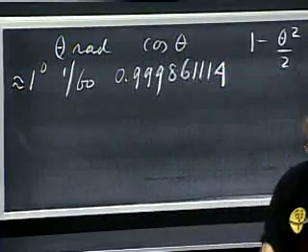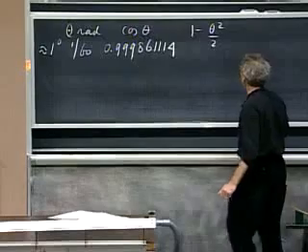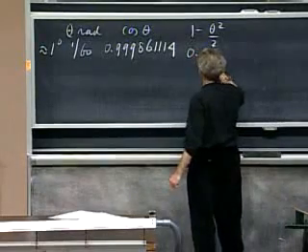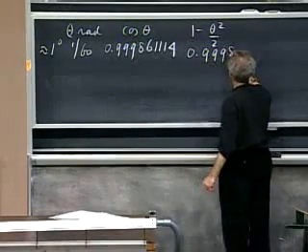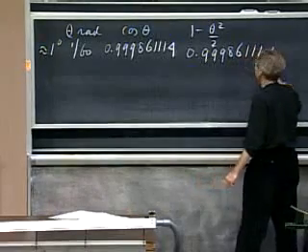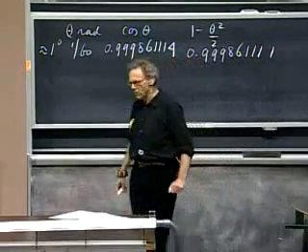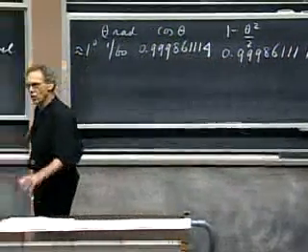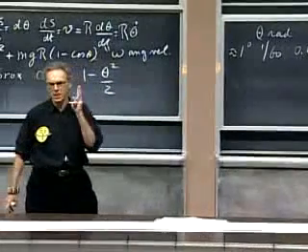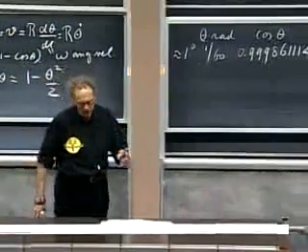Then I calculate what 1 minus theta squared over 2 is, and I find 0.999861111. That is very, very close. It only differs by 3 parts in a billion. That is very close.